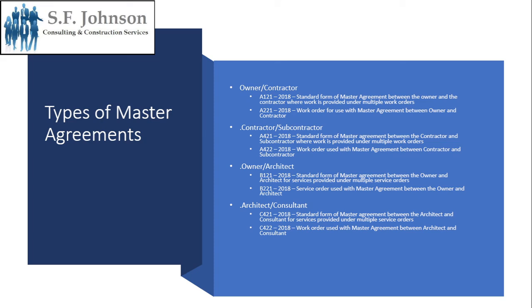Those editions are B121, or that series, I should say, B121 and B221. Agreements between owners and architects and consultants are C421 and C422. And again, these are master agreements where the parties have agreed to perform work over a period of time, not project by project.